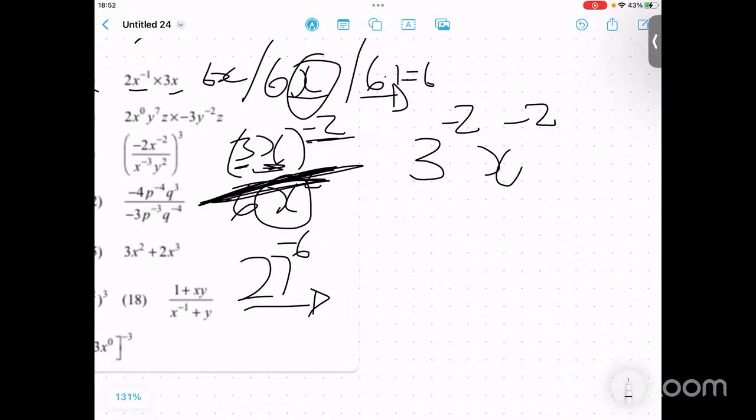So when you have something like this, the -2 is an exponent to everything that's in the bracket, as long as there's no plus or minus in between. If there is, that means you're going to open another bracket. But if it's like this, it's just one thing, which is 3x. So the -2 is an exponent to 3 and an exponent to x, right?